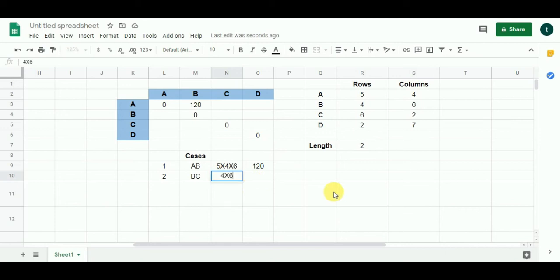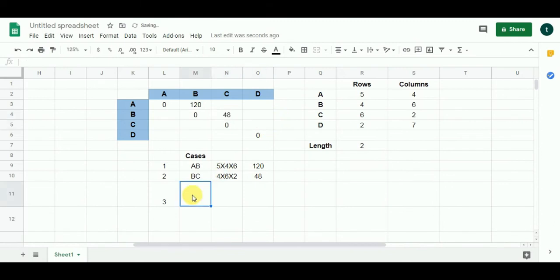So this is going to give me the value as 48. Yes, it's 48. Let me put 48 over here.